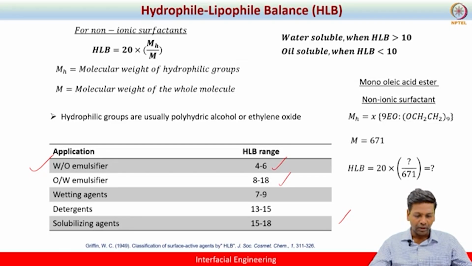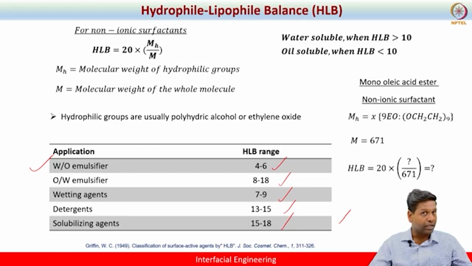Wetting agents will be somewhere between 7 and 9. Detergents will be somewhere between 13 and 15. Similarly, solubilizing agents will be somewhere between 15 and 18. Depending on this range, one can choose the surfactant to use.